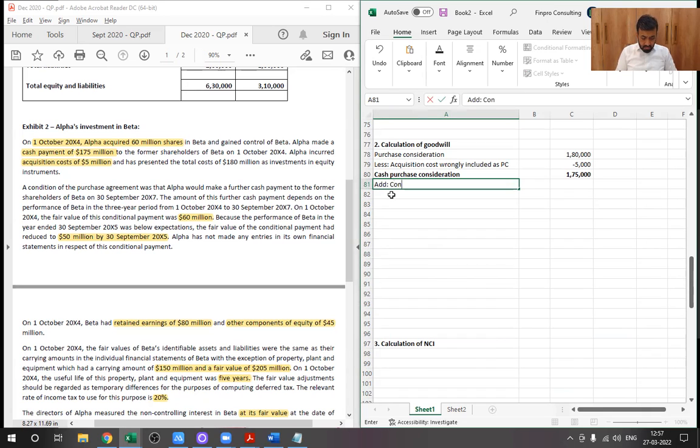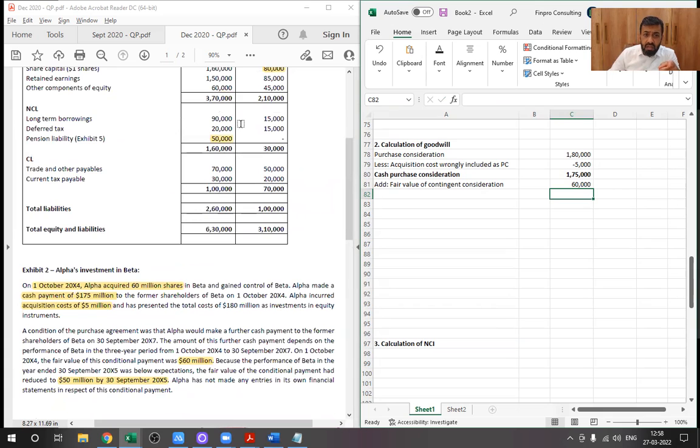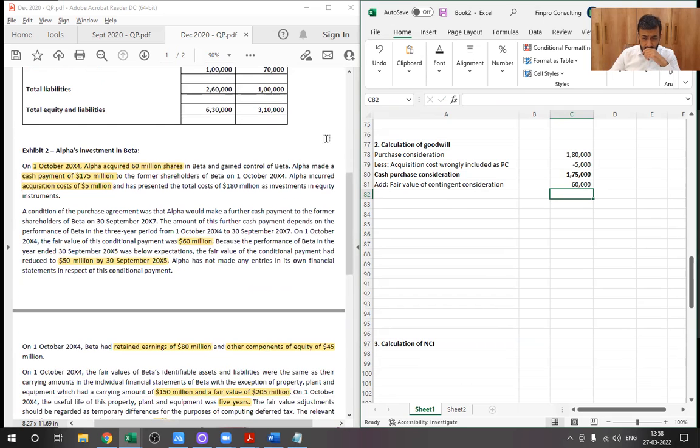Add fair value of contingent consideration, 60 million, so 60,000. Always remember your adjustments will be given in millions, the amount mentioned as a million. But if you see here, these are in thousands. So that's again one more confusion. Make it a clear point in your mind while you are solving this.